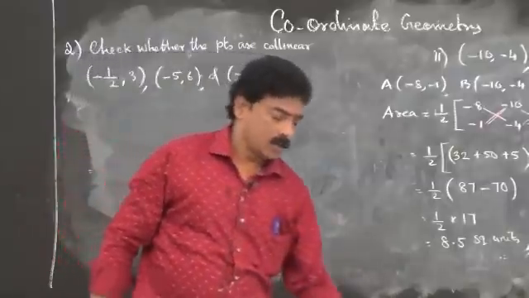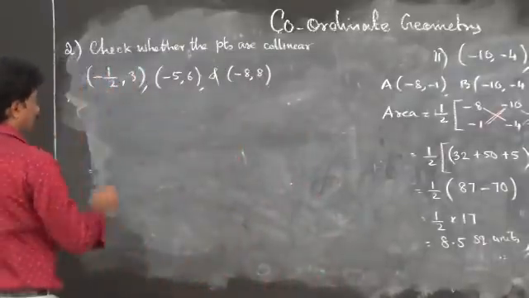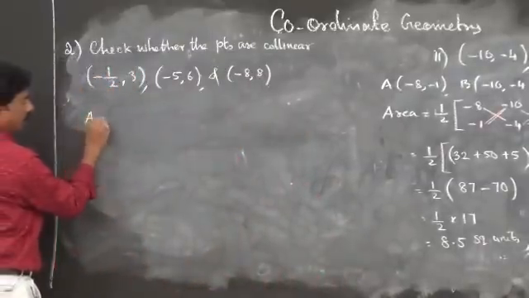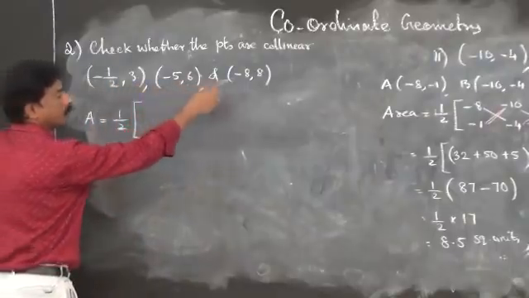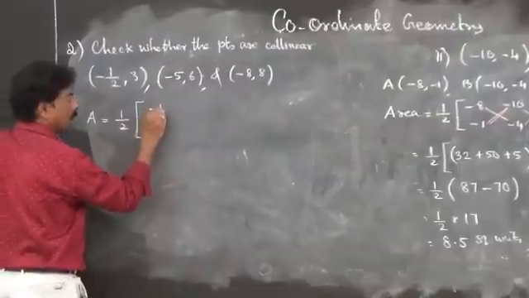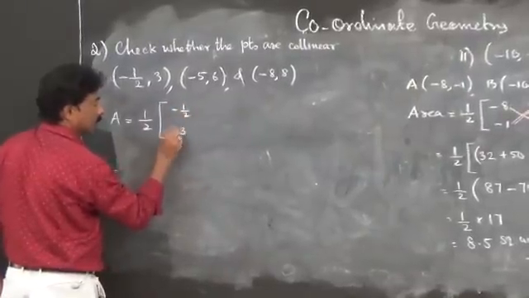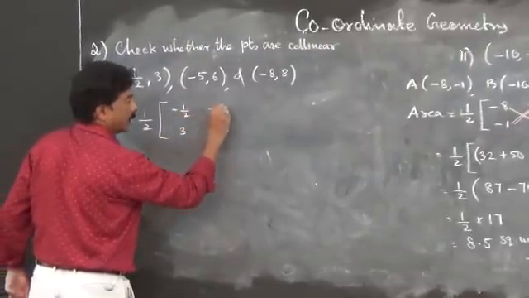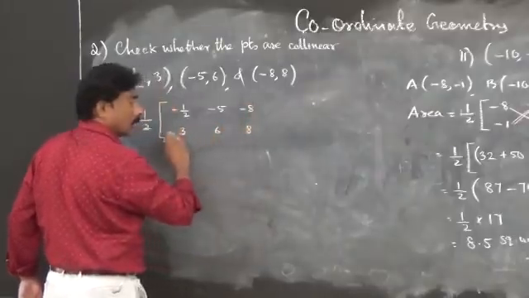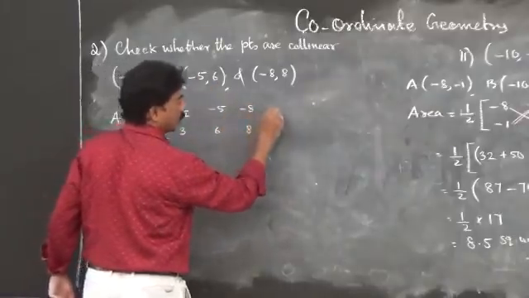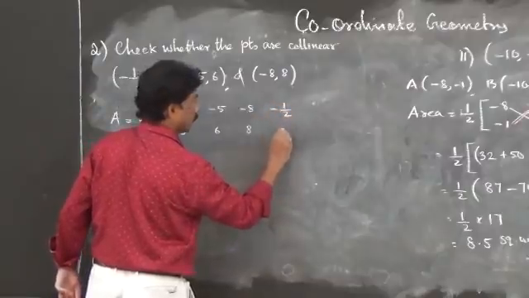You need not plot, just apply the area formula. What is the area formula? 1 by 2, x1, y1, x2, y2, x3, y3: minus 1 by 2, 3; minus 5, 6; minus 8, 8; and repeat the first one once again, minus 1 by 2, 3.